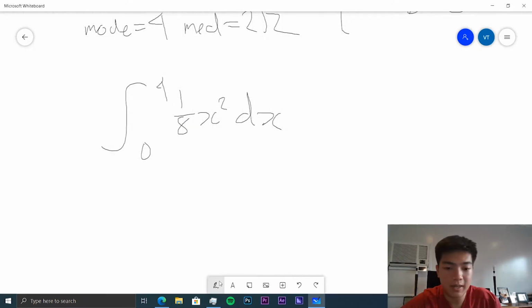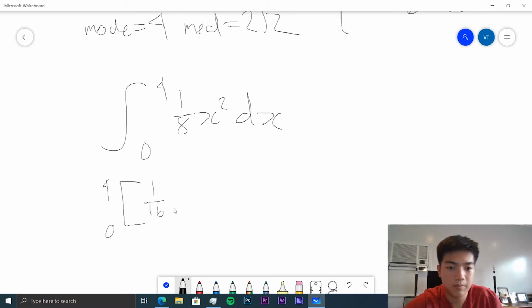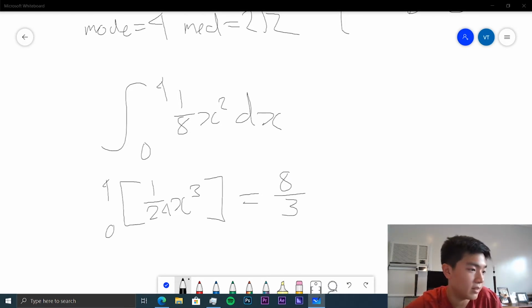And so this will be equal to 1 over 24 x cubed between 0 and 4, which is equal to 64 over 24, 32 over 12, which is 16 over 6, which is 8 over 3. So the mean is equal to 8 thirds.